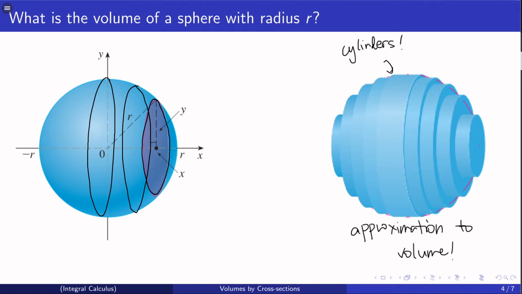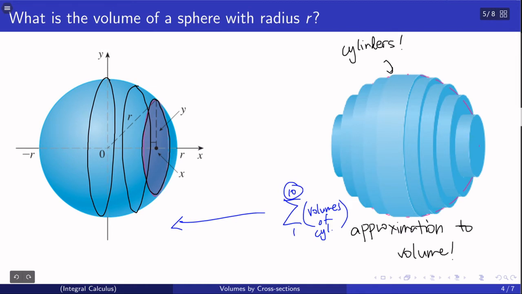What we'd like to happen here is, on the right you have your summation, where n is the number of cylinders, so here you have, I don't know, maybe 10. And now you're adding up the volumes of these cylinders by letting the number on top here, n, go to infinity. Again, what we're going to get is the exact volume of the sphere.